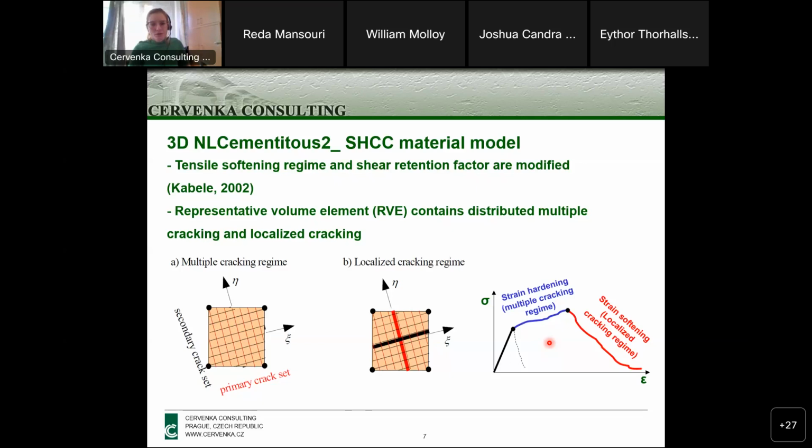It's called a shear bridging model, and it is assumed only in the strain hardening part, in the multiple cracking regime. The volumetric fraction of fibers in the concrete and the mechanical properties of fibers, like shear modulus, Young's modulus and the diameter, are assumed to prevent the sliding of cracks when they are open.